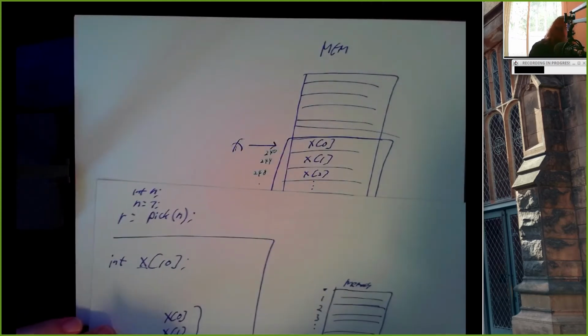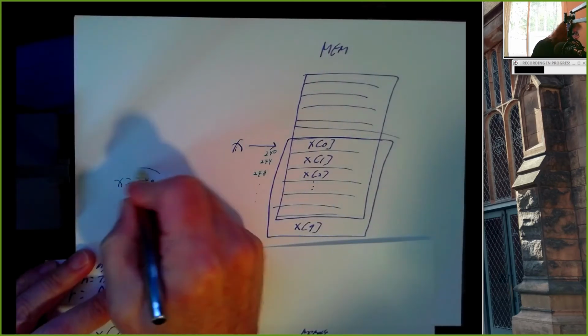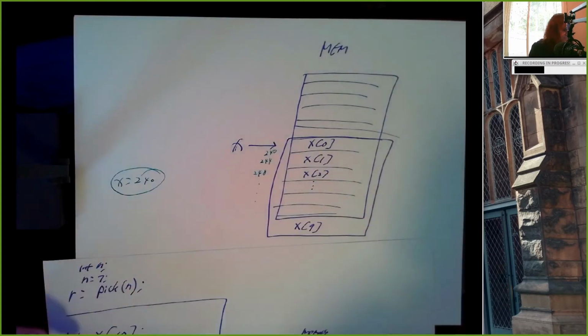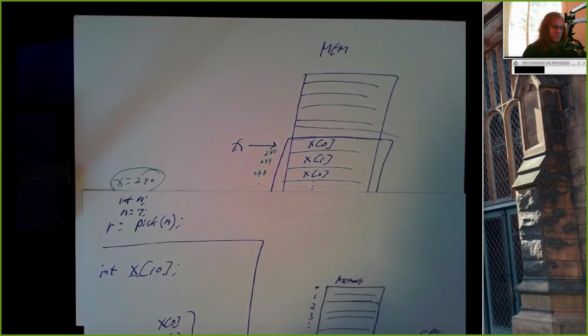So when I say x bracket 10, this would actually set x equal to 240, the address where my first x got stored. And that's the weird thing about arrays in C. When you make an array like x bracket 10, x is actually the address where that first array element is stored. It's the address of x bracket 0.